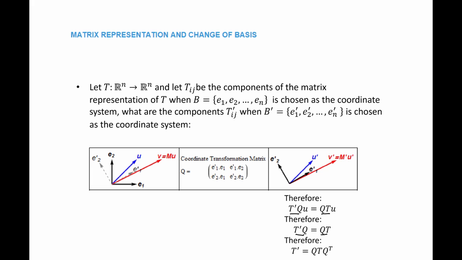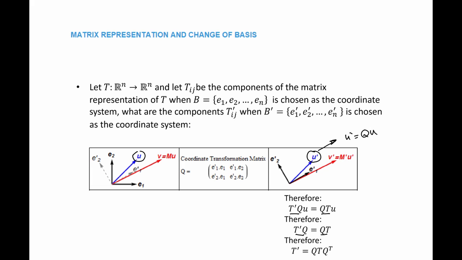Now Q is an orthogonal matrix. Its inverse is Q transpose, and so if I multiply by Q transpose on both sides here, I get that T prime is equal to QT Q transpose. And so this is the relationship that I'm looking for. So the relationship between the vector and the components of the new vector after coordinate transformation is U prime equal to QU.